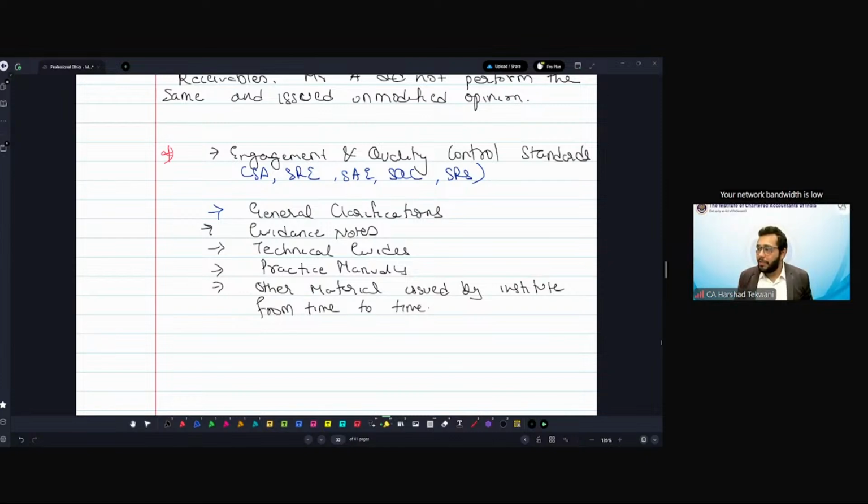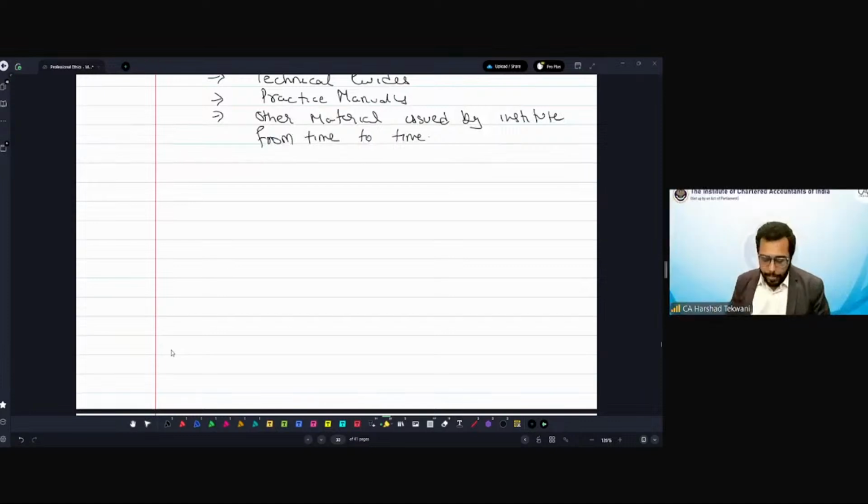Now, coming to the next part, which is clause 10, which is a bit different and it's not linked with that.